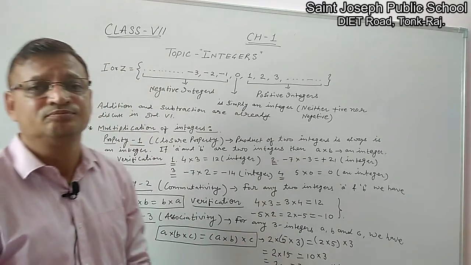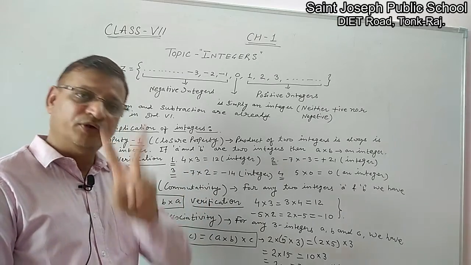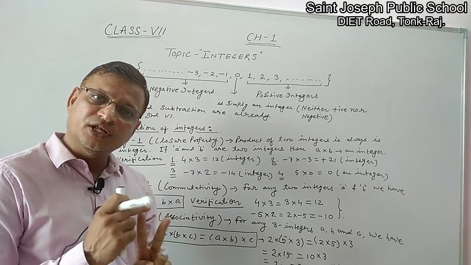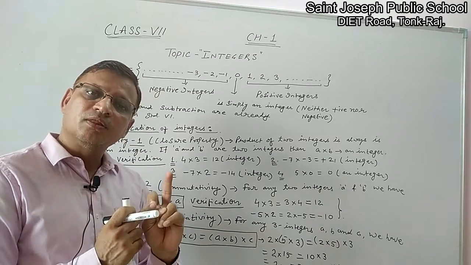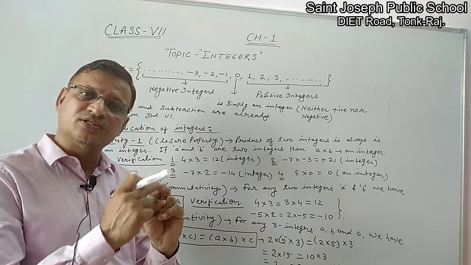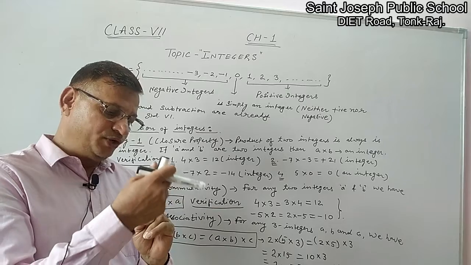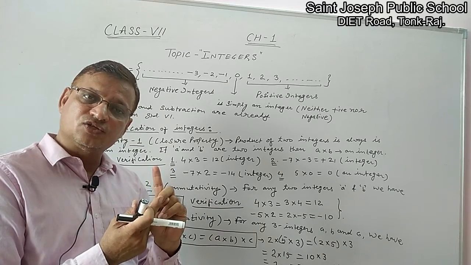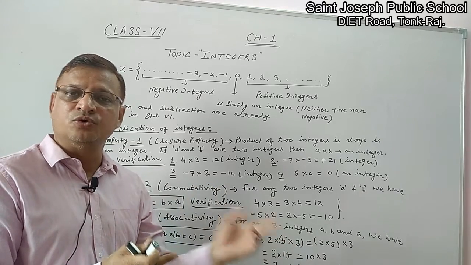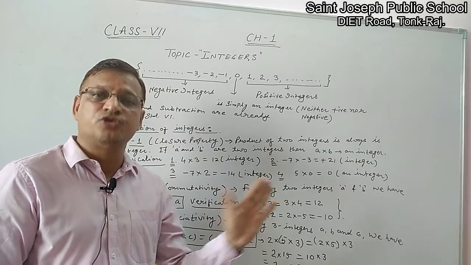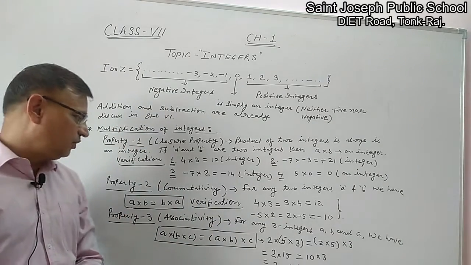But the commutative property for multiplication means we take two integers and find the product. First you take this integer, then that integer, and find the product. Now again the second time you take the integers in the other order, but the product of these two integers is the same, no change in the answer. Okay, so this is the commutative property.